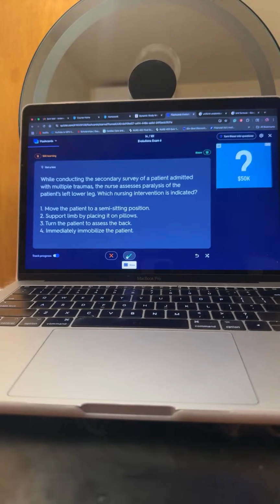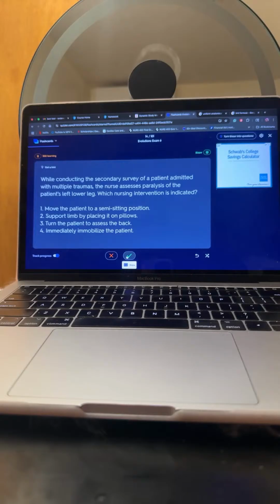While conducting the secondary survey of a patient admitted with multiple traumas, the nurse assessed paralysis of the patient's left lower leg. Which nursing intervention is indicated? Move the patient to a semi-sitting position, support the limb by placing it on pillows, turn the patient to assess the back, or immediately immobilize the patient.